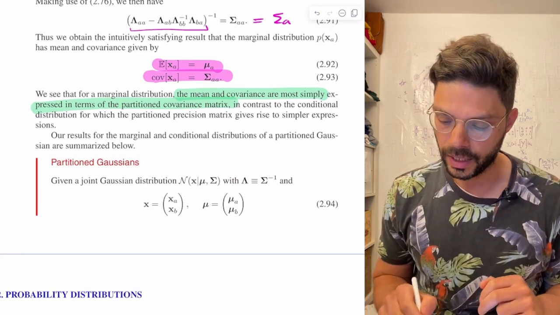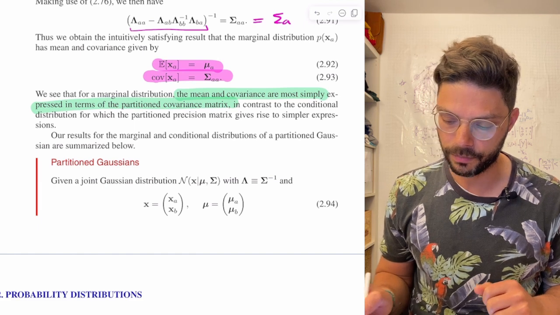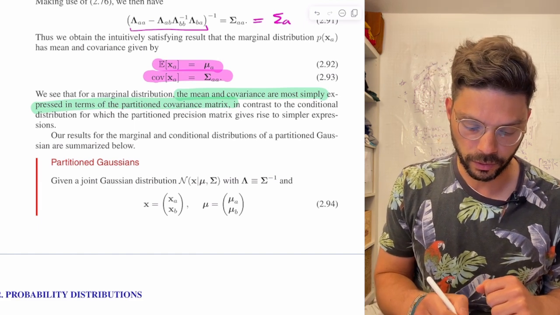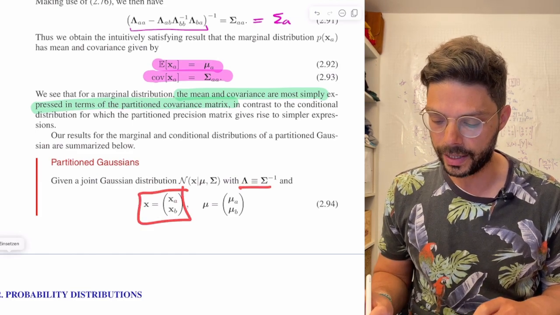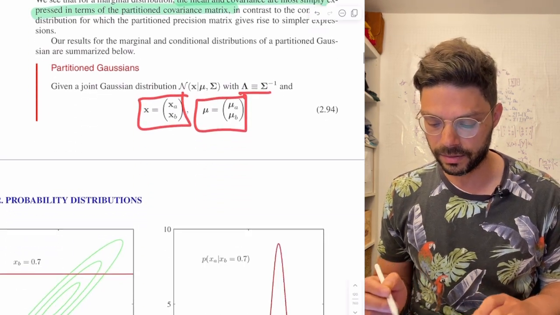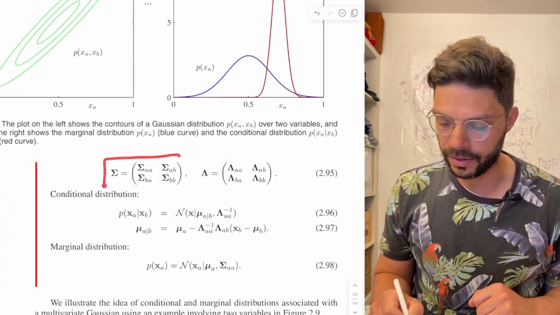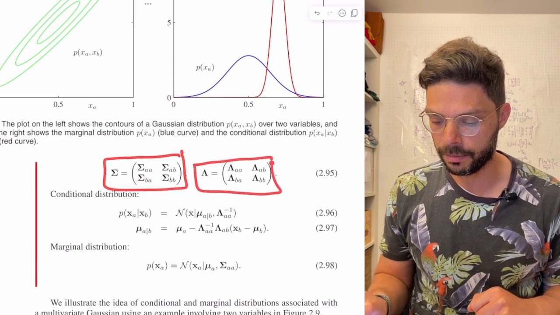The last little bit is just summarizing the results from the last two sections. So given a joint distribution, let me switch to the laser pointer here, with precision equal to the inverse. So this is exactly what we had. Here are the means and the covariances and the corresponding precisions.